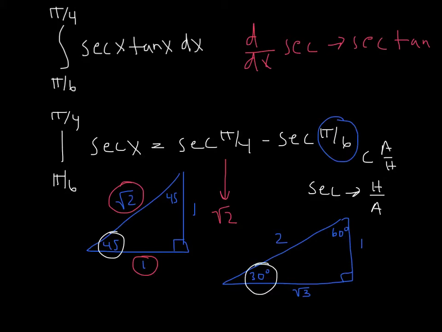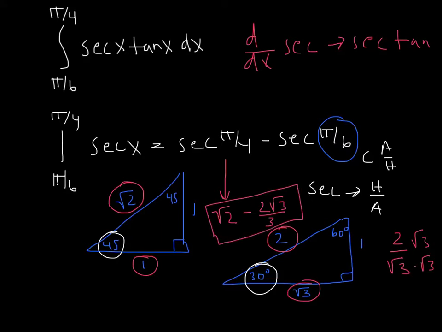And so if we say the hypotenuse over the adjacent, well, that's going to be 2 over root 3. We can leave it like that, or we can get the root 3 off of the bottom by multiplying by root 3 top and bottom. And so that's going to give us minus 2 root 3 over 3. And that's going to be the answer to that integral.